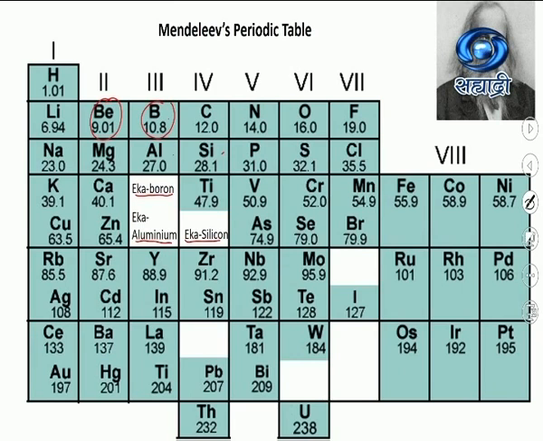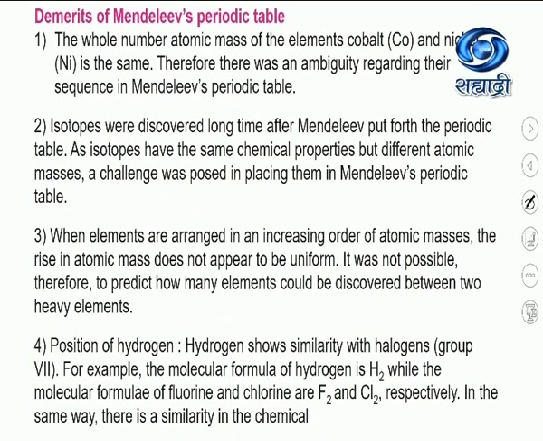So Mendeleev's periodic table is very important, but still some demerits are there, and those are as follows. The whole number atomic mass of the elements cobalt, that is Co, and nickel, Ni, is the same.